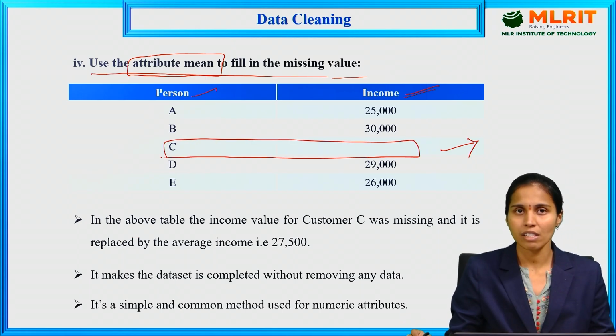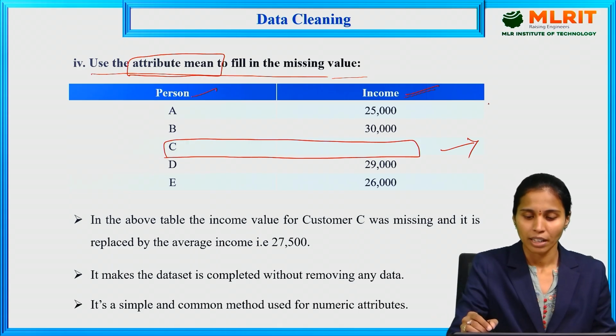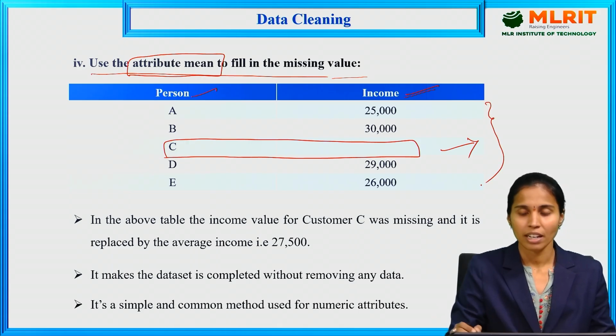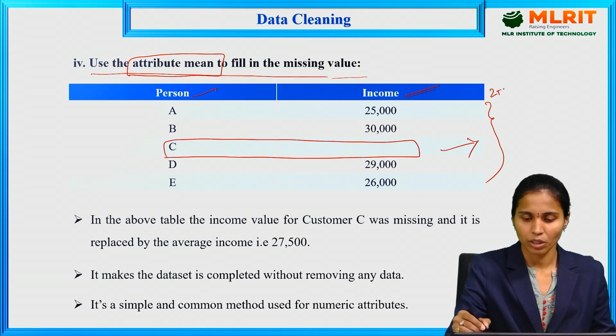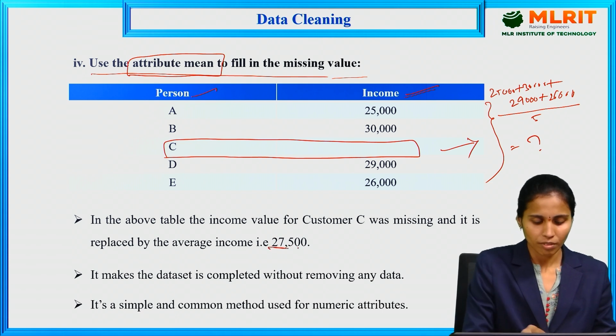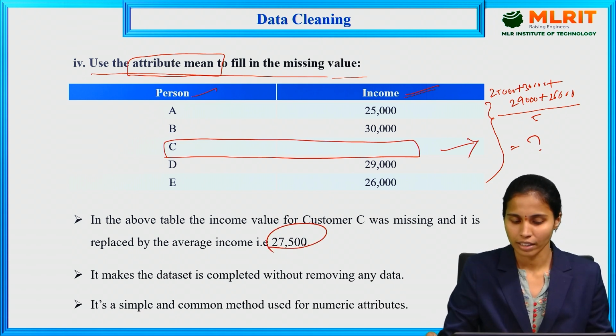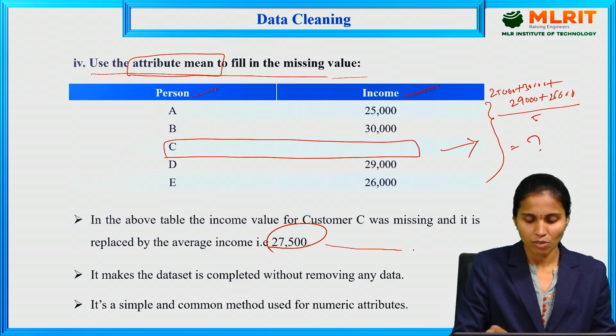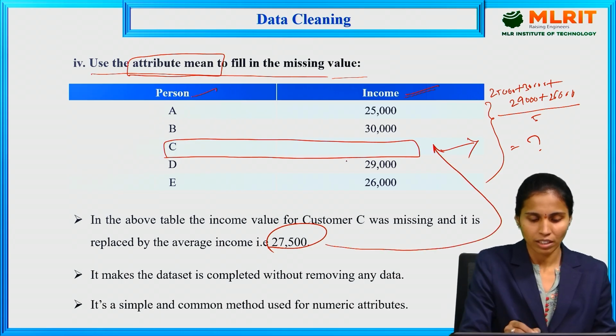It is replaced by the average of the remaining persons' incomes. So the average is 25,000 plus 30,000 plus 29,000 plus 26,000 divided by 5. The average income is 27,500. So this value replaces the missing value.